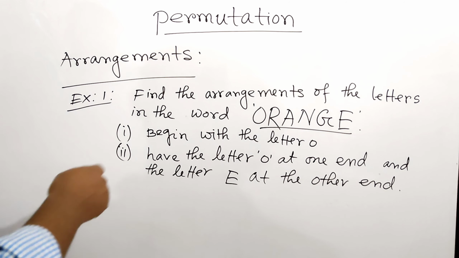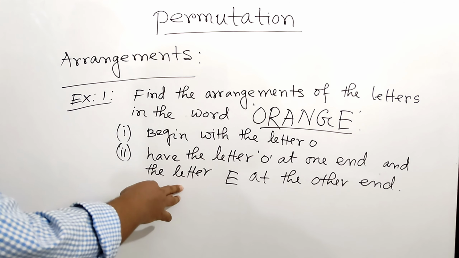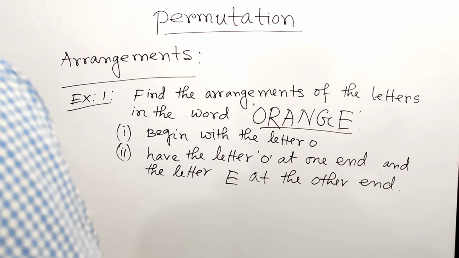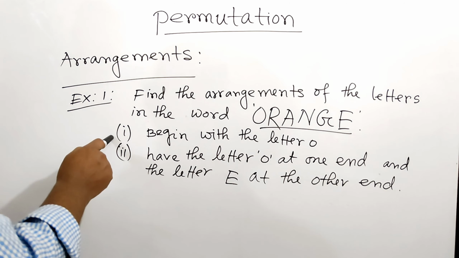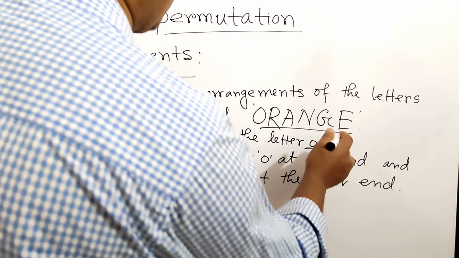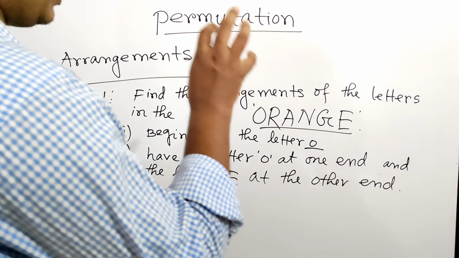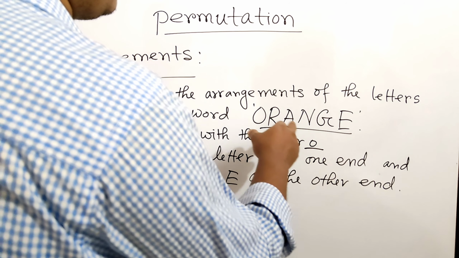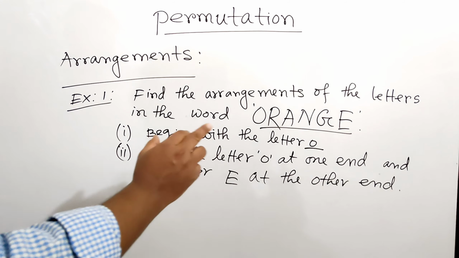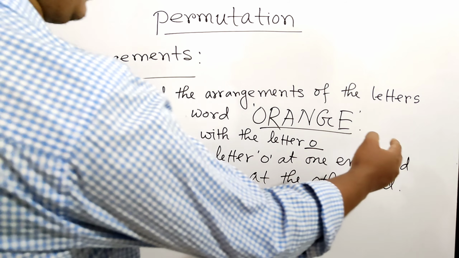And after that there are 2 conditions, and according to these conditions we need to find the arrangement of this given word. So the first condition is begin with the letter O. That means you need to arrange this word, but the condition is you must start with the letter O. And the second condition, have the letter O at one end and the letter E at the other end.